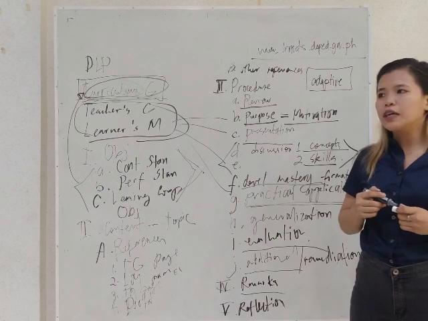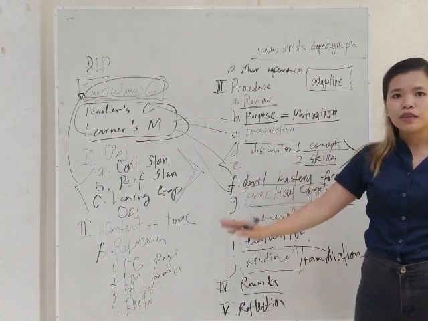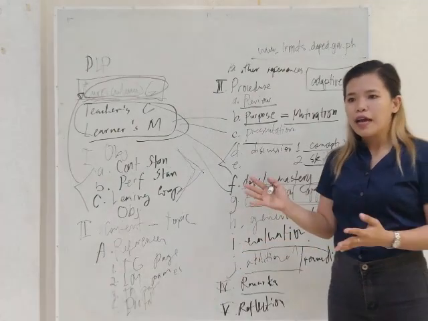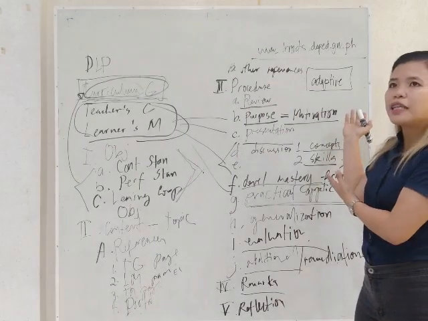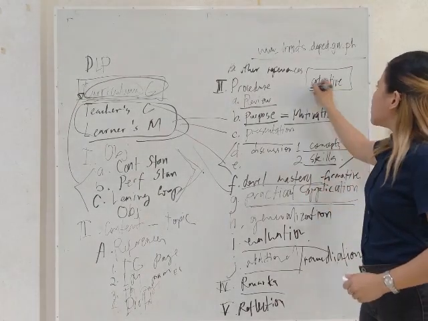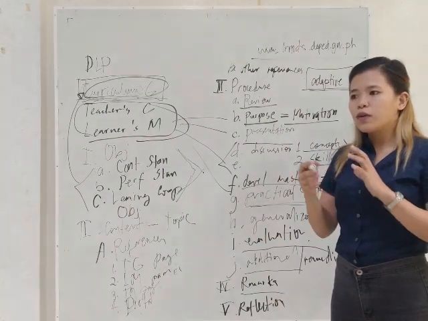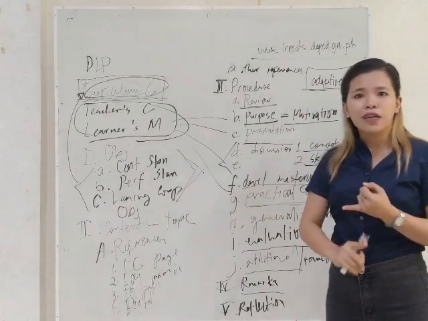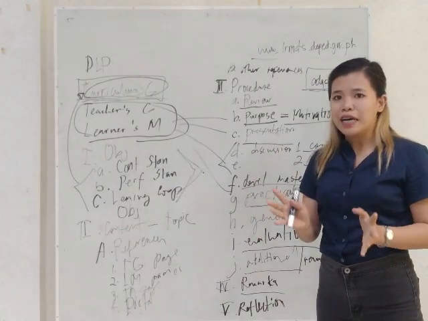For example, now what is being used is the weekly home learning plan, not DLP, not DLL, because of the pandemic. We should always be adaptive. Like what Charles Darwin said, those who are successful are not the smartest or the strongest, but the ones who can adapt.